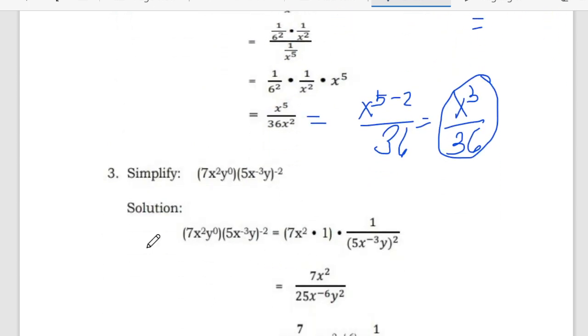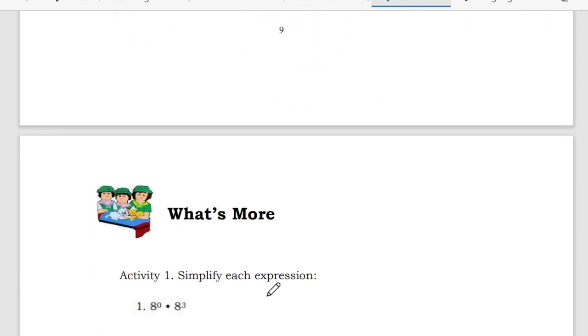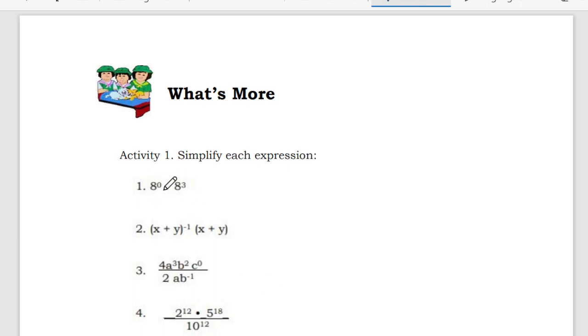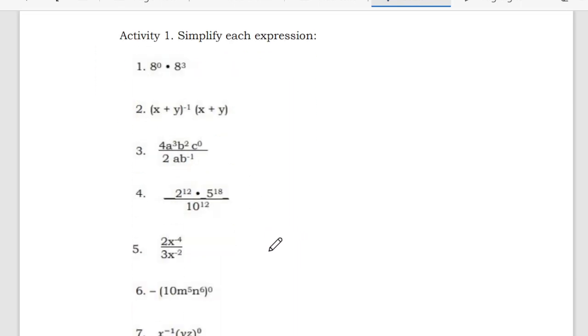Okay. So, the same process here. Then, simplify. What is 8 raised to 0 times 8 raised to 3? Then, negative exponent dito. Okay. Ito, positive. Then, what is c raised to 0? Dito, ang exponent ng b is negative 1. Ang a is positive. So, the same process lang po. Ito naman, the exponent of x only is negative 4. Ang 2 walang exponent.